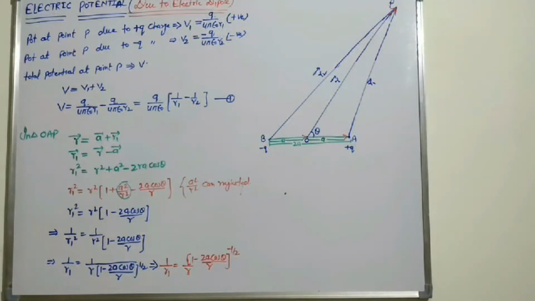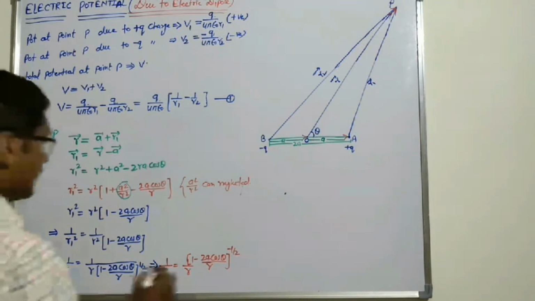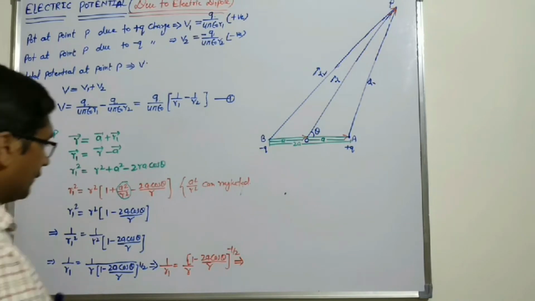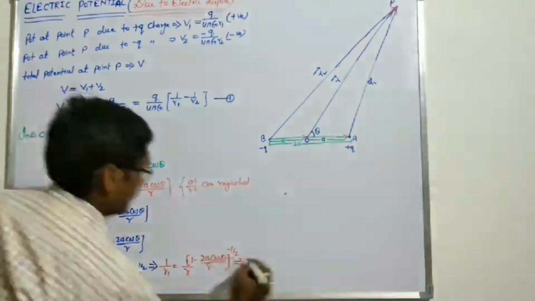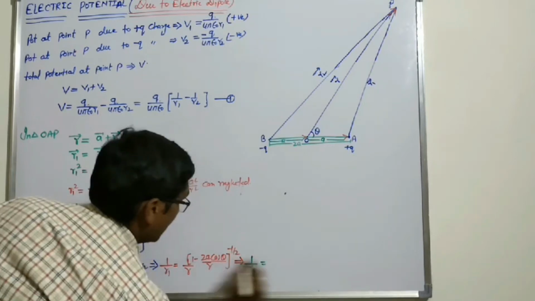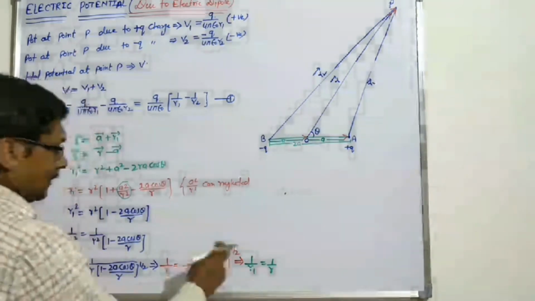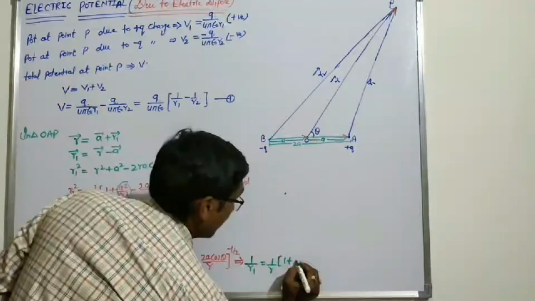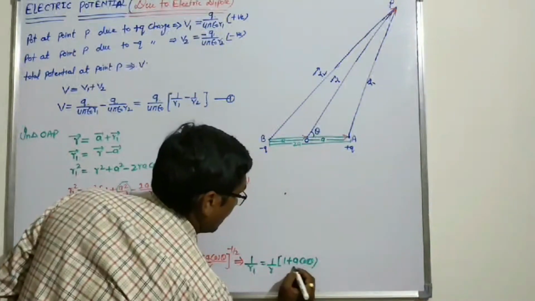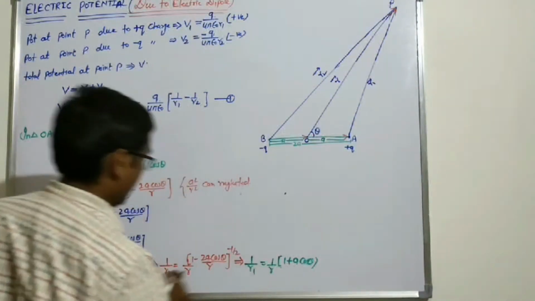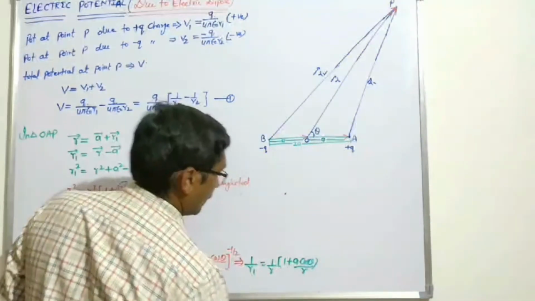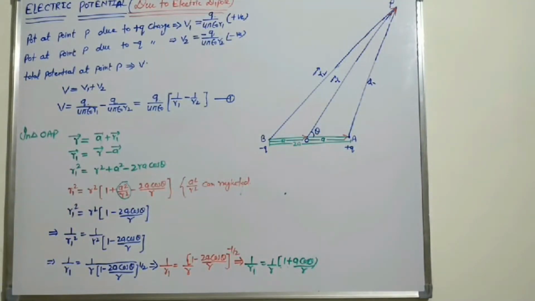By using the binomial expression, the term can be written as 1 upon R1 equals 1 by R into 1 plus a cos theta upon R. Okay, clear?